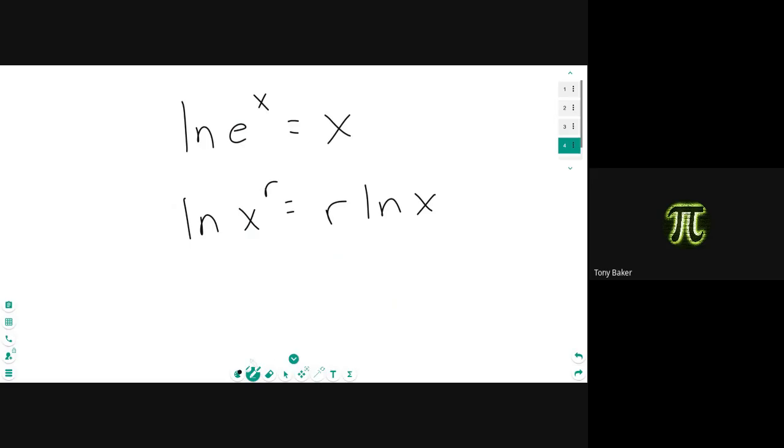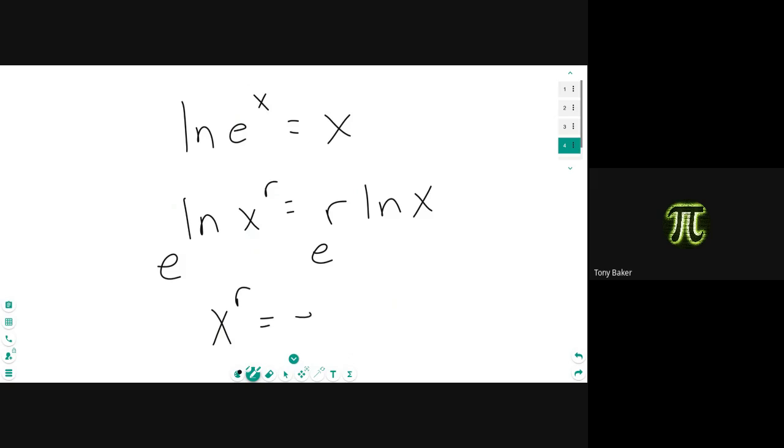If I raise both sides to the e, e and ln cancel each other out. So this side is just x to the r.